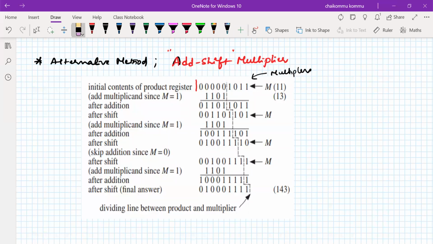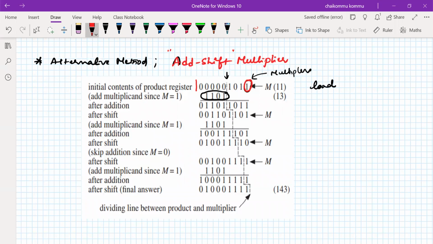Now, after the fourth bit is completed, I need to introduce the multiplicand. First I load the value, and then what we have to do is consider the last position of the LSB bit. We have to consider the last position of the LSB bit.